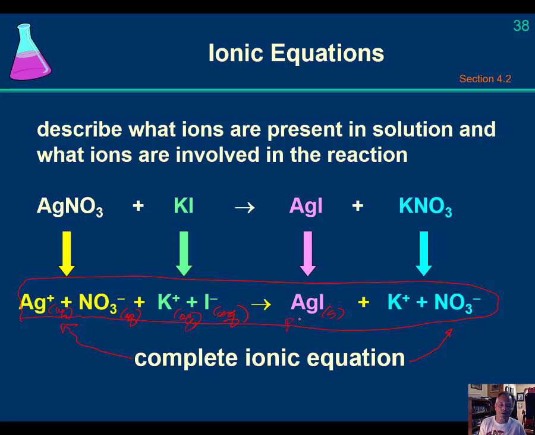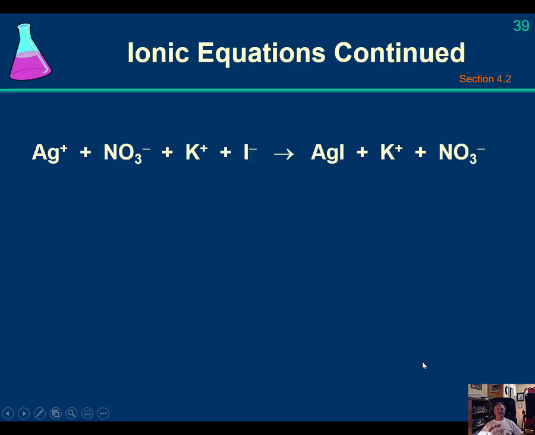That's another thing we could call this, a precipitate, and it is the driving force for this particular metathesis reaction. Here are your spectator ions that are just hanging out. But in total, this entire dissociated ion equation is called the complete ionic equation. And we're going to learn how to do that. So here's the complete ionic equation.